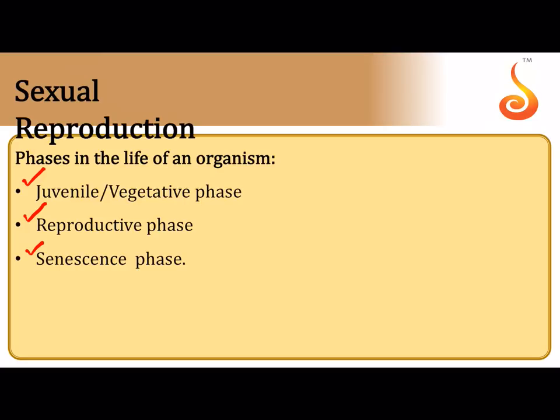So for an organism to be able to reproduce, you know that a plant, once it emerges from the seed, it becomes a tiny plant. Then it grows for several years. It grows and becomes sexually mature, and this phase is called the juvenile or vegetative phase, which involves growth and maturity.